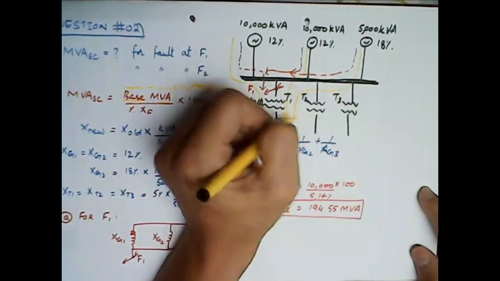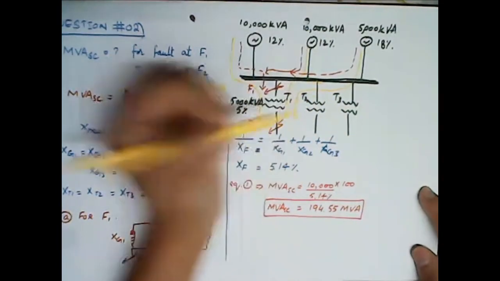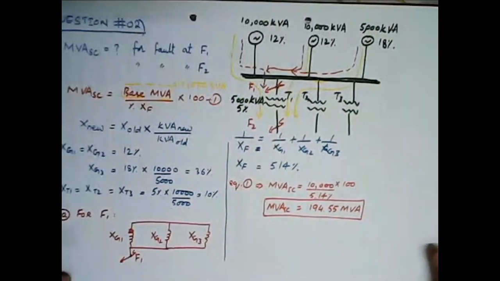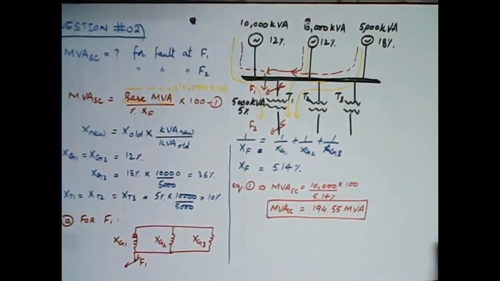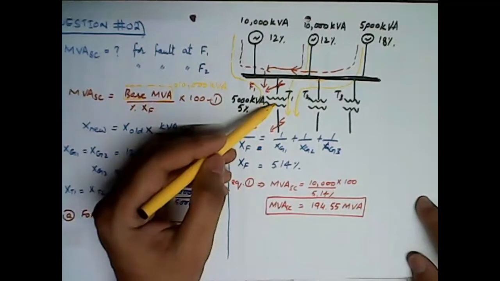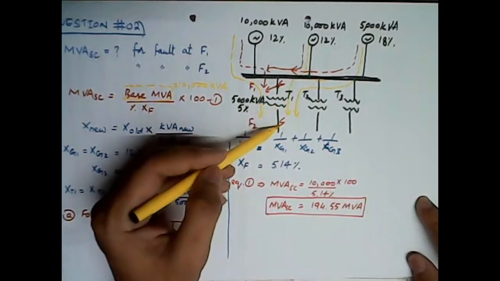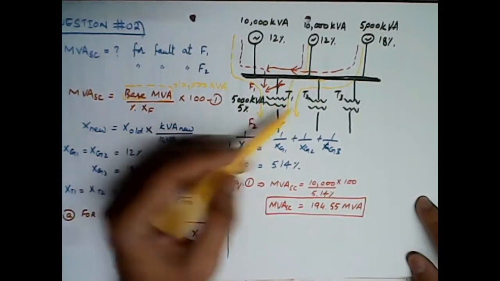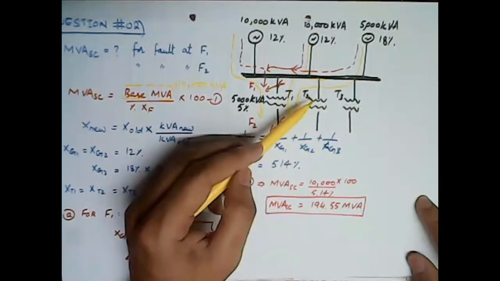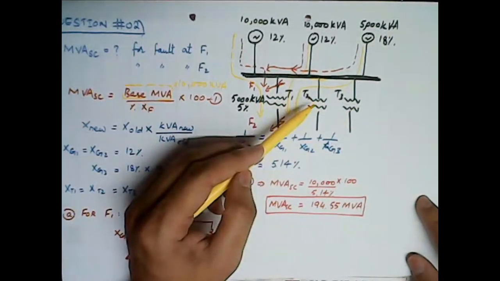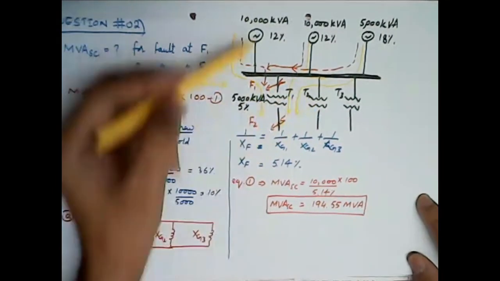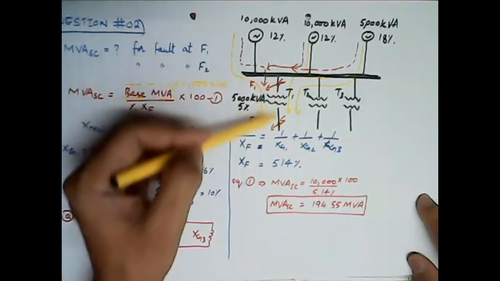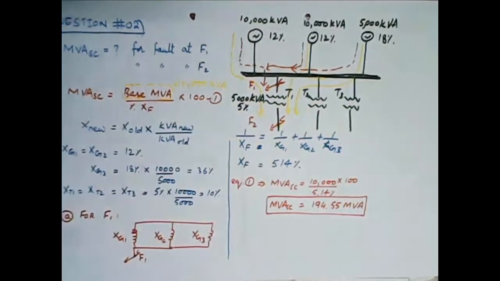Once the current is on this common bus bar, the plant station, the only impedance that will be included is T1 if the fault is at F2. Why? Because these two are high impedance paths and the current will not be flowing through them. All the current will be flowing from the generator up to this low impedance path at F2.